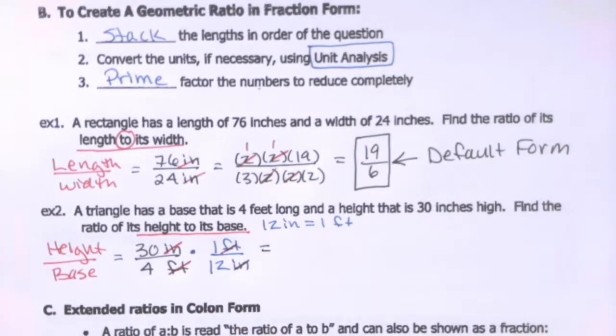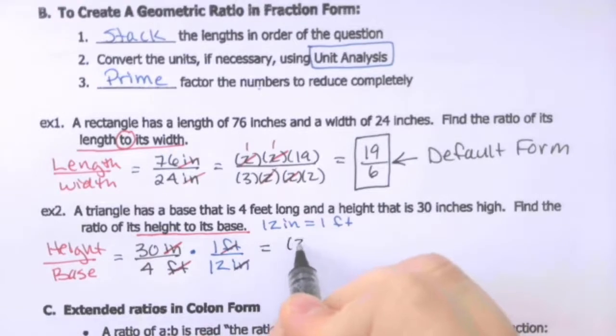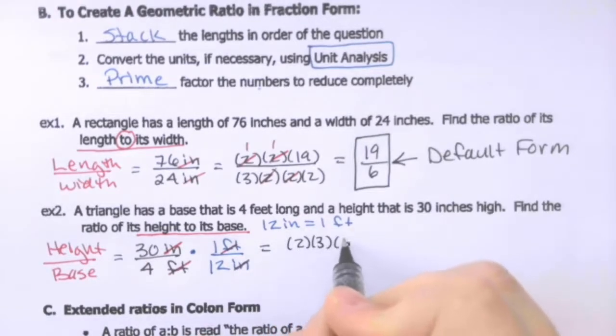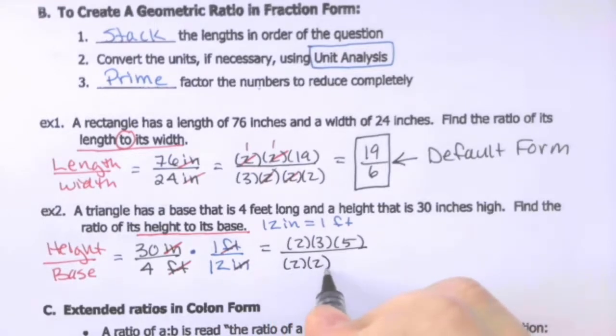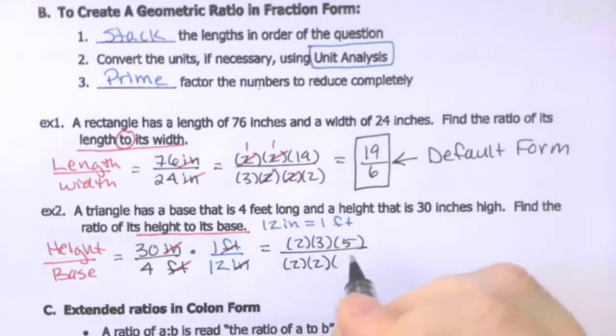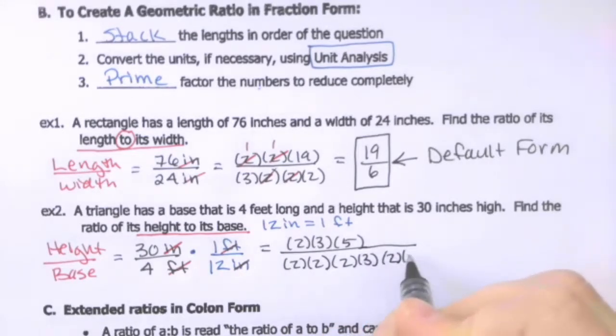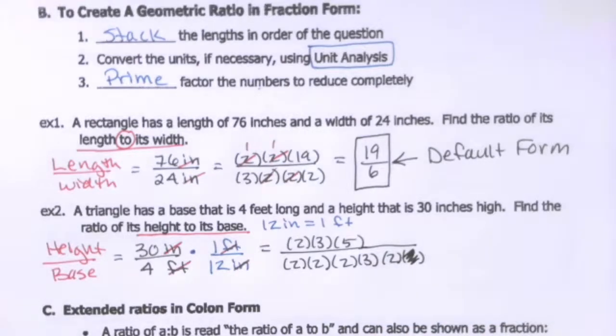So what we're left with is 30, which is 6 times 5, so 2, 3, 5, over 4, which is 2 times 2, and 12, which is 6 times 2. So 2 times 3 for the 6, 2 times 2 for the 4, and 12 is 6 times 2, not 4.